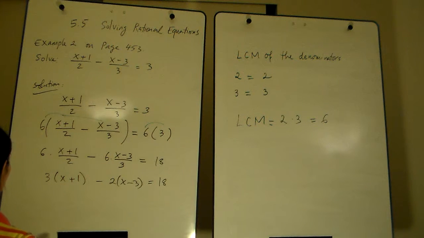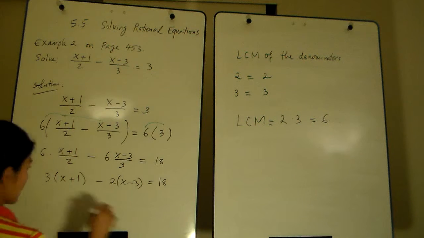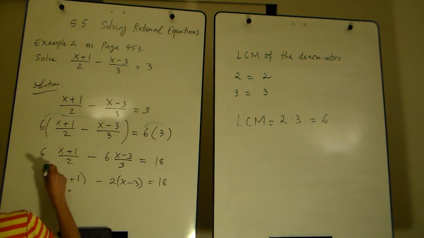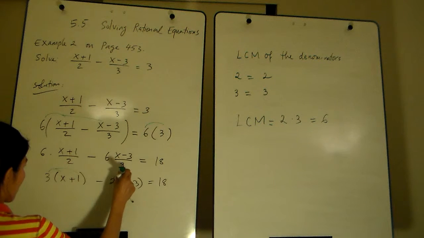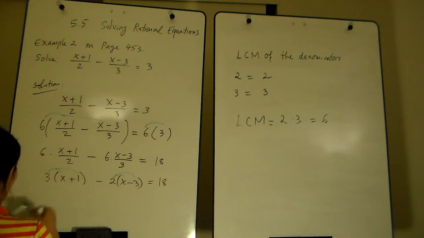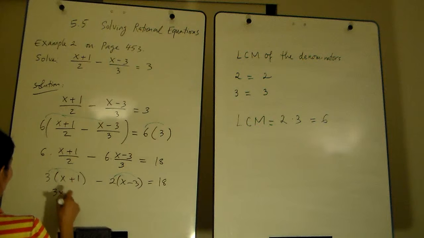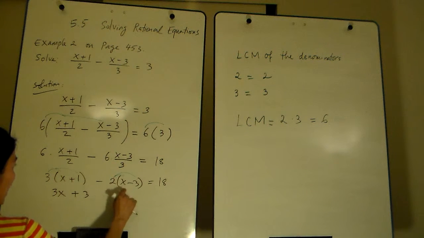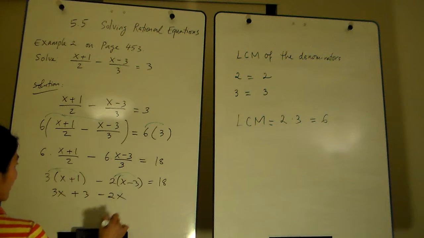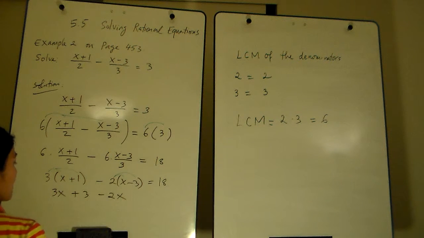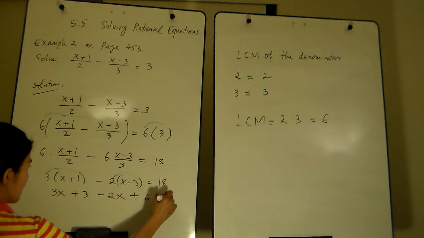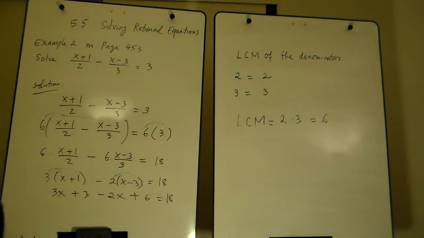Okay? So we're not done yet. You need to distribute this 3 to each term inside the parentheses. Same thing here. 3 times x is 3x. 3 times 1 is 3. Negative 2 times x is negative 2x. Negative 2 times negative 3 is positive 6, equal to 18. Okay?